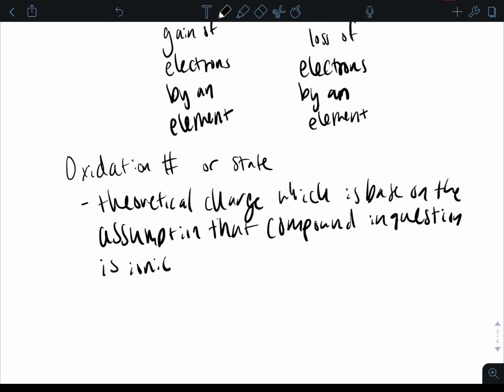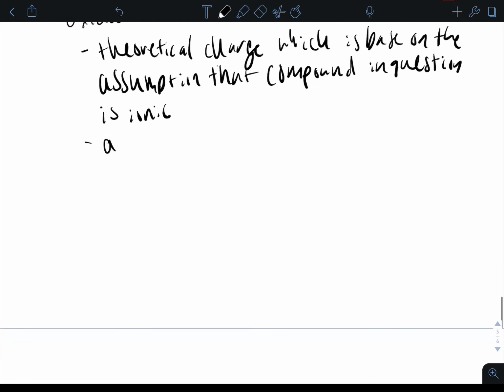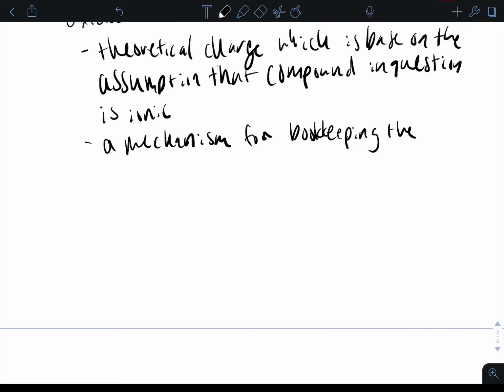It's only true half the time, right? Half of them are ionic, some of them are covalent, but we still treat it like an ionic species, and it's just a mechanism for bookkeeping the movement of electrons.